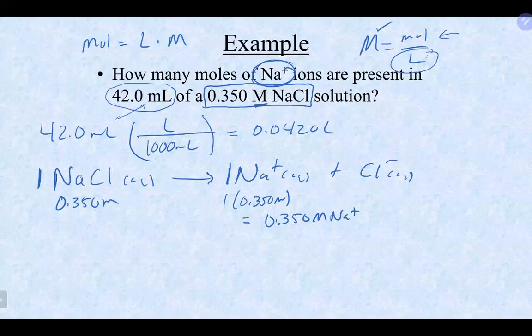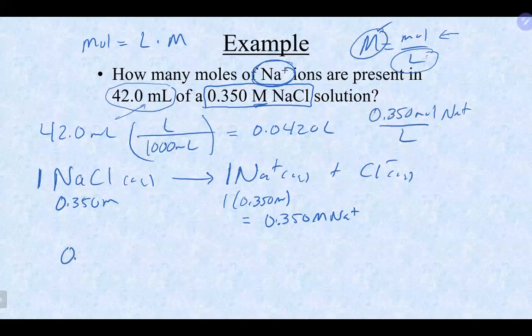So at this point, we really have the two things that we need to solve for moles. Once again, I'm going to get rid of my big M, and that means I have 0.350 moles per liter of these sodium ions. I'm going to use more dimensional analysis so I can see everybody's units.